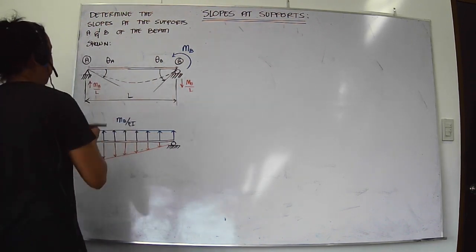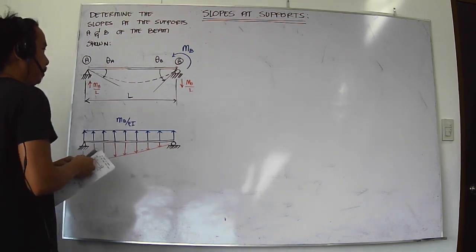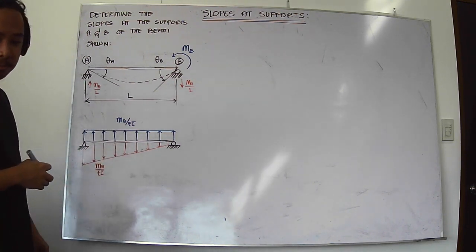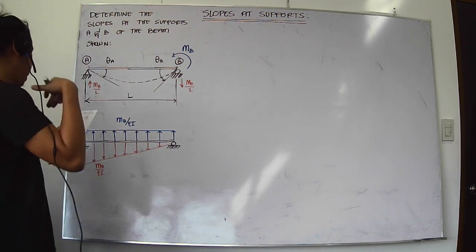MBL times L, that is MB, divided by EI. So we have something like this, right?